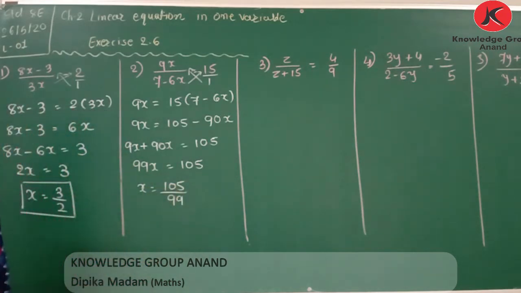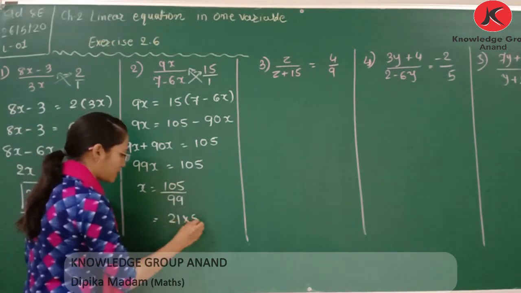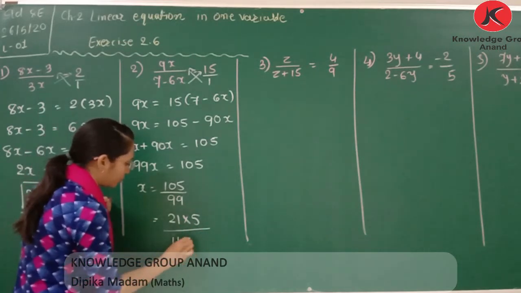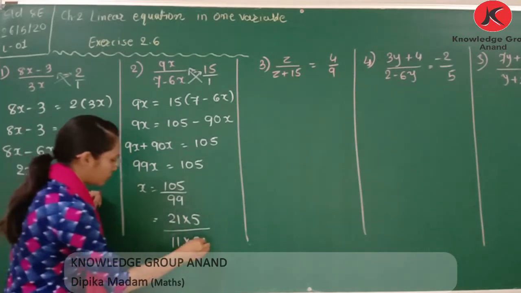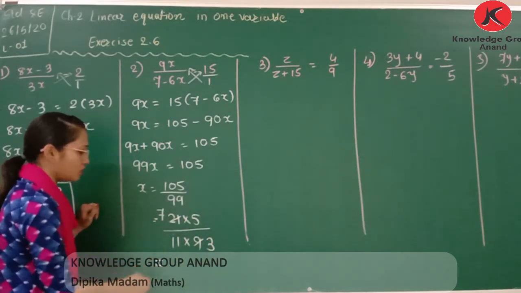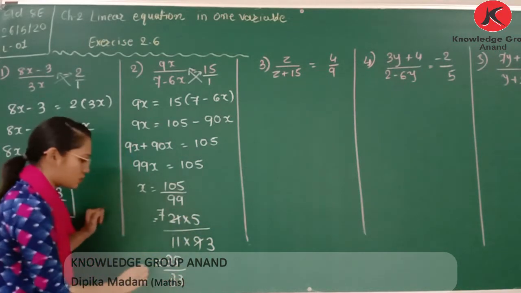Now you can cut the common factor. If you factorize 105, you will get 21 5s and here you will get 11 9s. So 3 3s are 9, 7 3s are 21. 7 5s are 35 divided by 33. This is your answer.